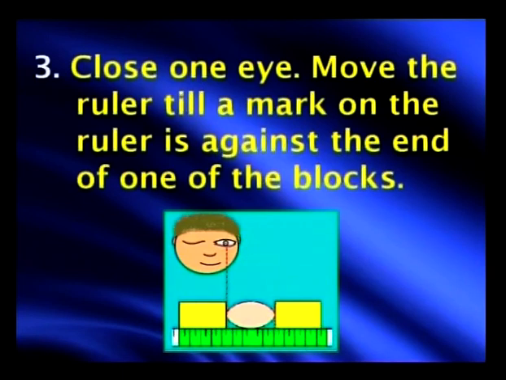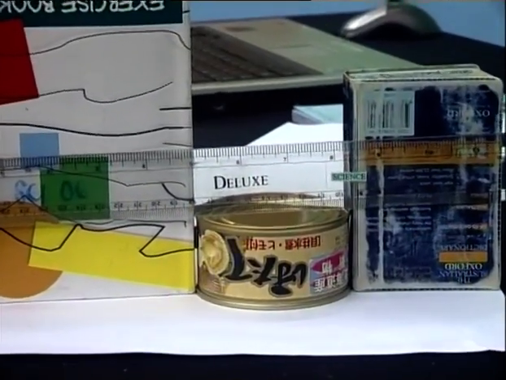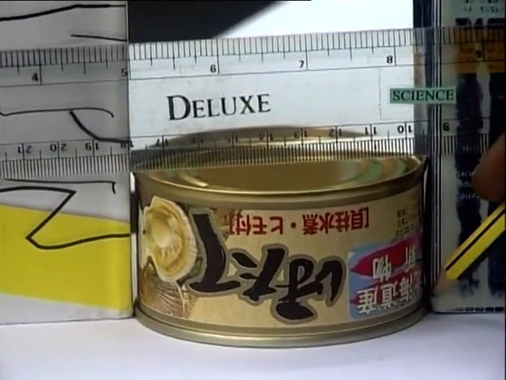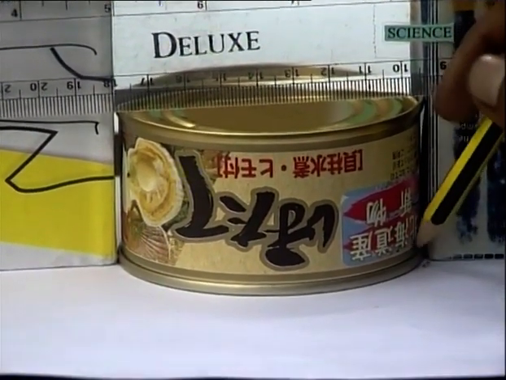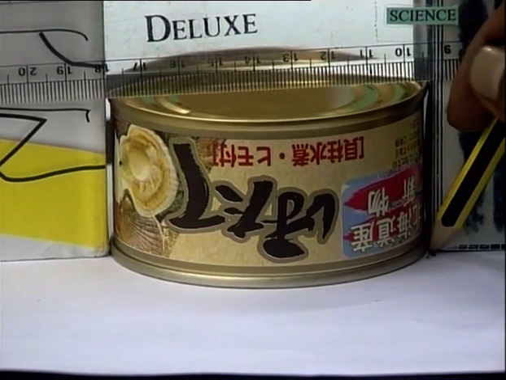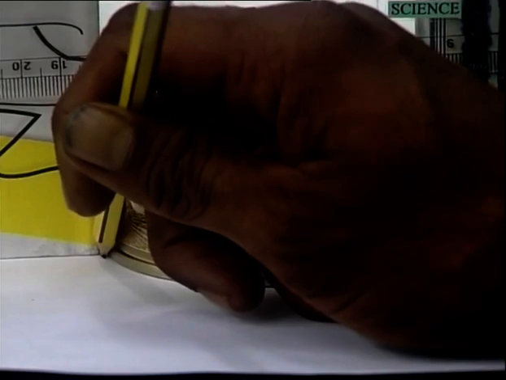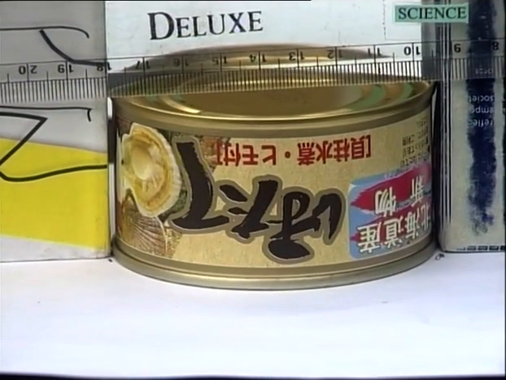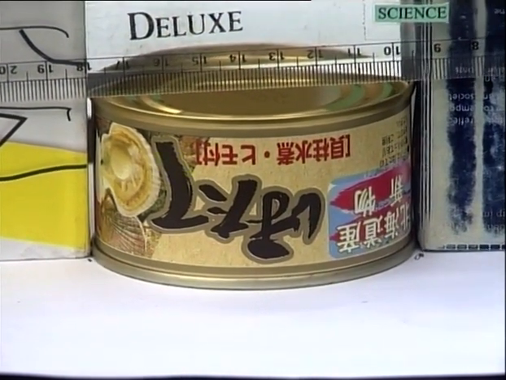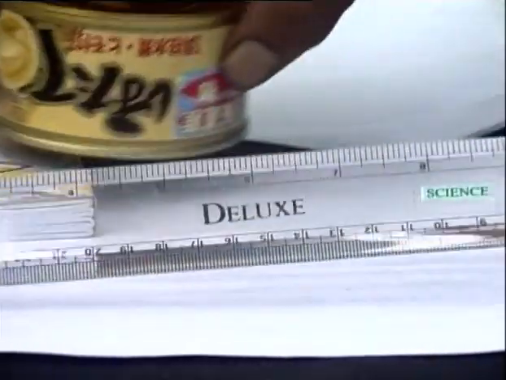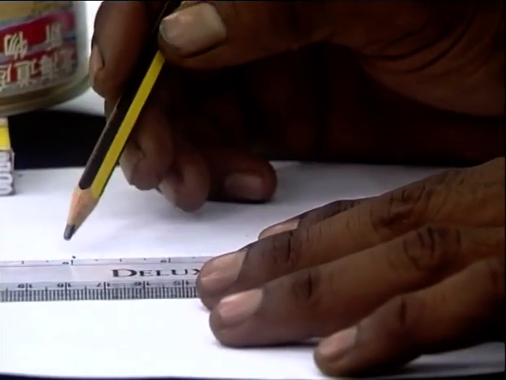Once you have that, you mark with the pencil. Mark with the pencil the corners. After you mark, then you remove your blocks. Thank you. Remove your blocks and then you can rule a straight line.